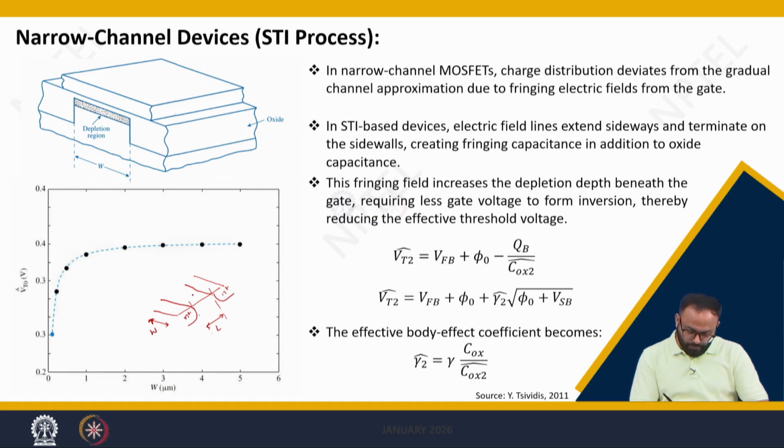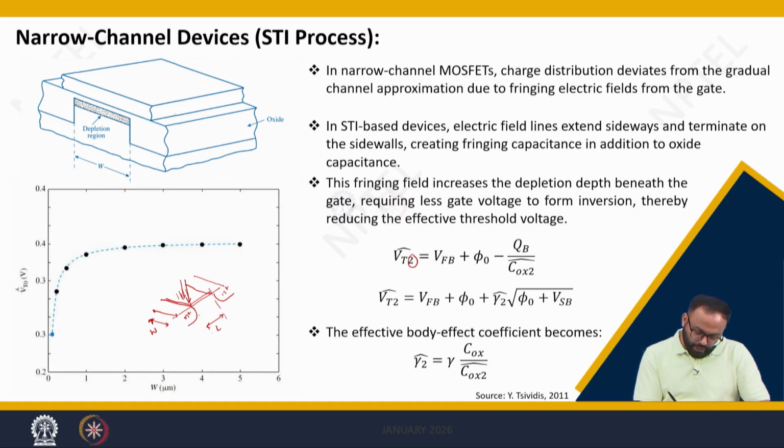When you apply the gate voltage, the depletion region forms beneath the gate, and now when you change the width of the device, we need to model how the charge sharing effect comes into the picture. That is why we are using subscript 2. 2 means the second charge sharing effect we are considering.